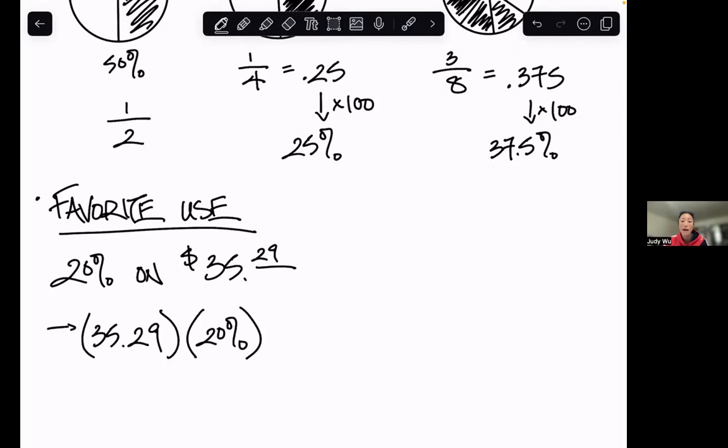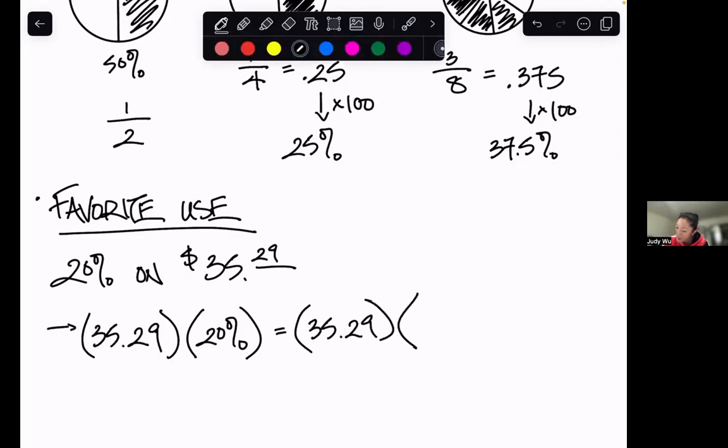Since we don't have a percent button on our calculator, we're really saying 35.29 times 0.2, because maybe you remember from your earlier learning days that 20% is the same as 0.2, since I move the decimal 2 places.